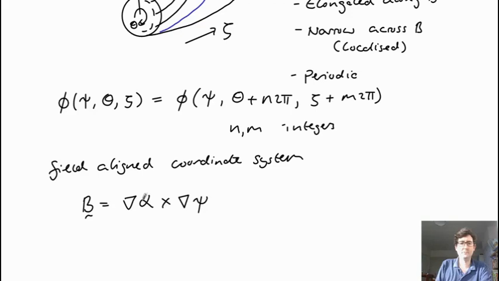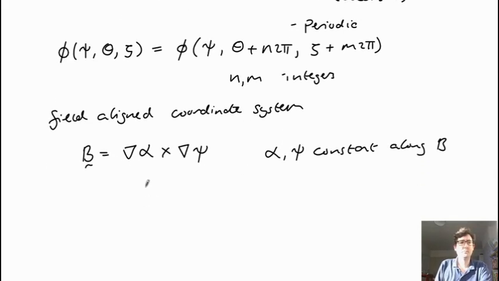And so the idea is that on a single field line, alpha and psi are constant, and so therefore if we fix alpha and we fix psi, and we change the third coordinate, then we move along the field line. And so we can have a coordinate system where you have psi, alpha, and theta, for example, the poloidal angle, and then if we fix psi and alpha and we change theta, then we move along the field line.